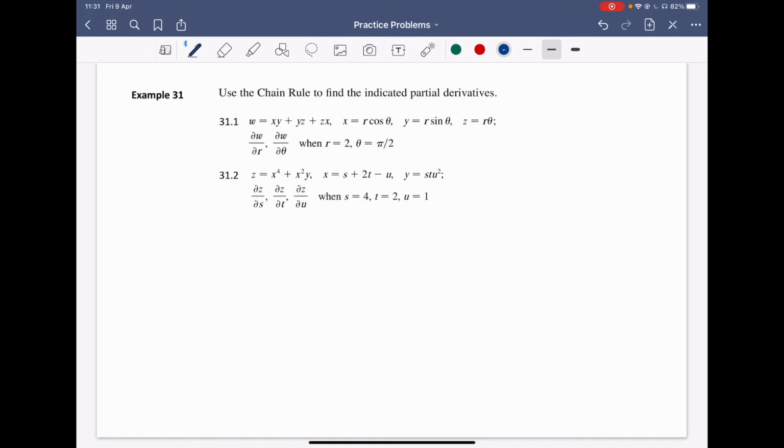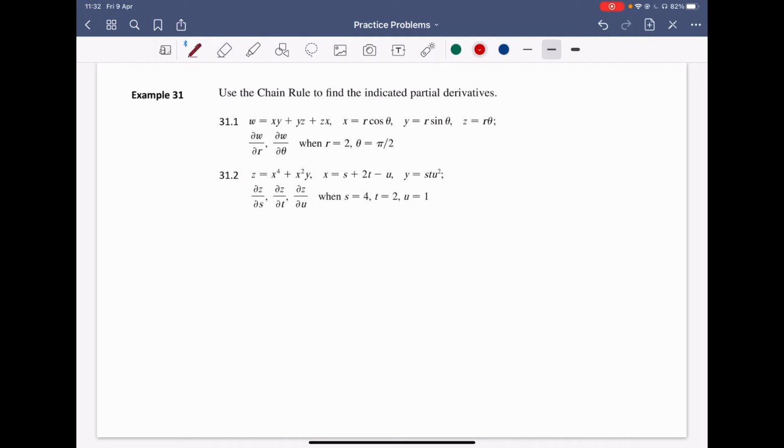Let's look at question 31.1 first. I have W equal to xy plus yz plus zx, and then x equal to r cosine theta, y equal to r sine theta, and z equal to r theta.